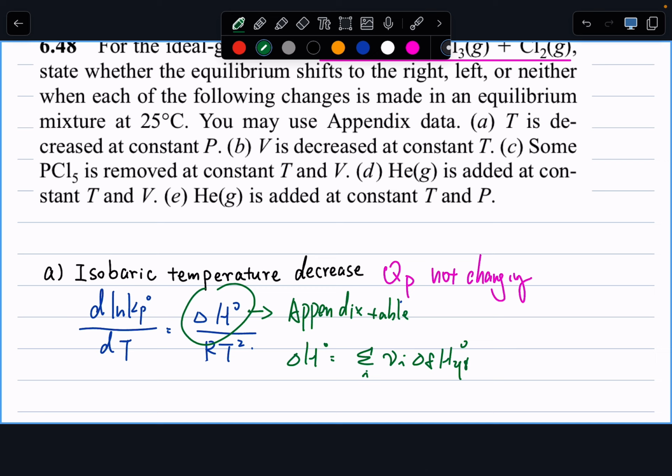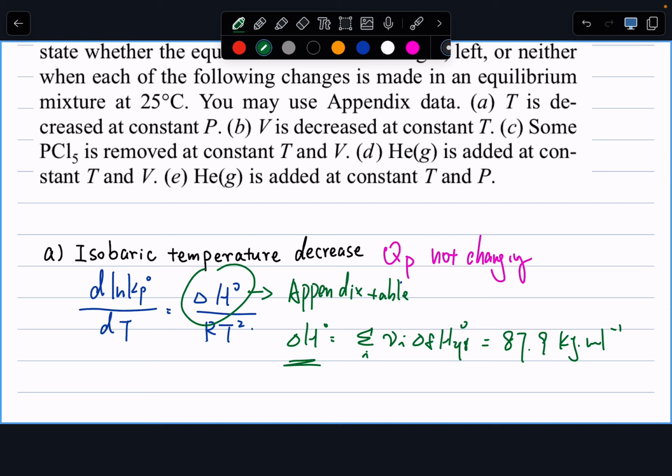You can do that yourself, but I did the calculation, and it equals 87.9 kilojoule per mole. So this is an endothermic reaction. For an endothermic reaction, delta H is positive, so when my temperature drops, my equilibrium constant also decreases.